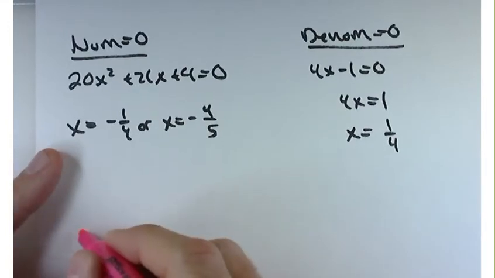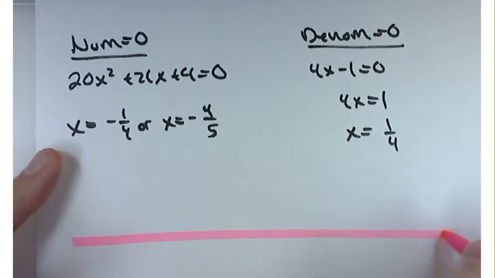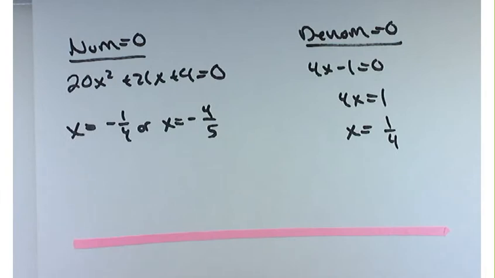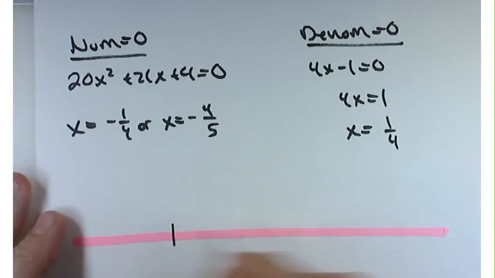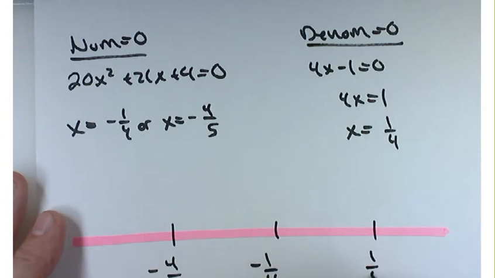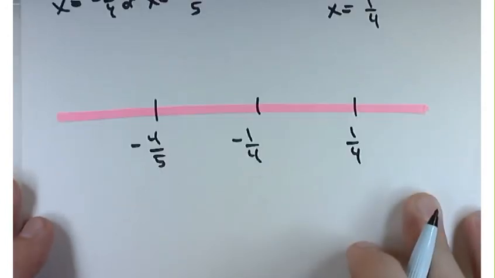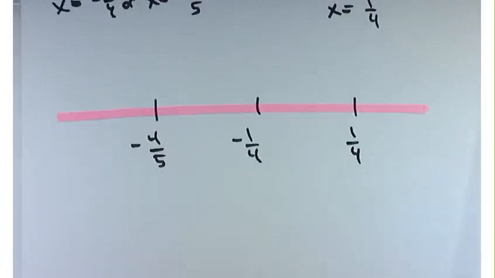So let's put these on a number line, just like we did before. And you're going to need to test these. Now this time I'll show you how to do it on the graphing calculator. So this is negative 4/5, negative 1/4, and positive 1/4. Because we've got all these fractions, it might help you to keep around the decimal values.